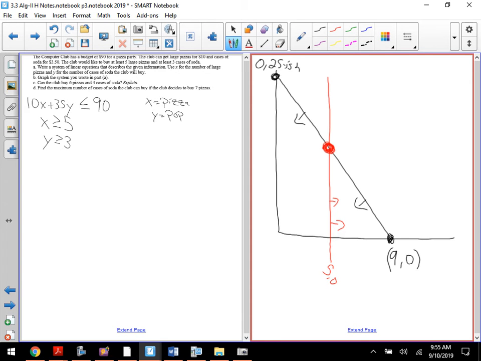25-ish, because the y-intercept was 90 divided by 3.5. I guesstimate it's 25.6-ish or something. Right. So my ordered pair here is at 5, and what I'm doing is I'm taking 10.